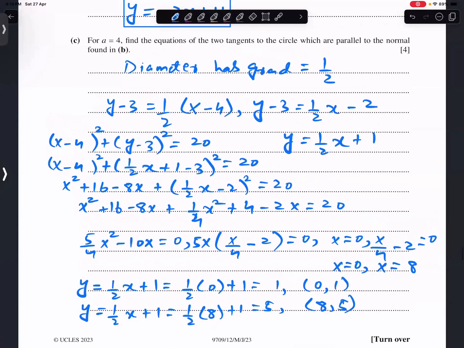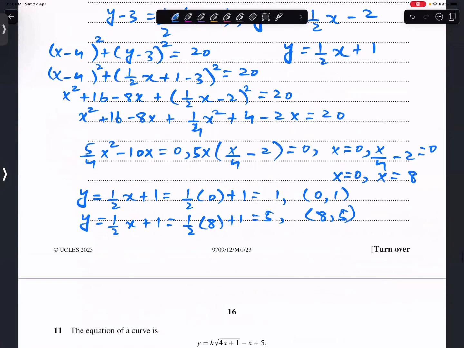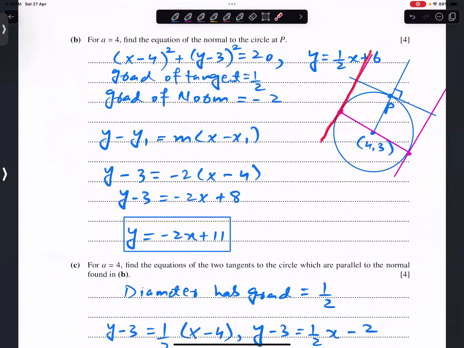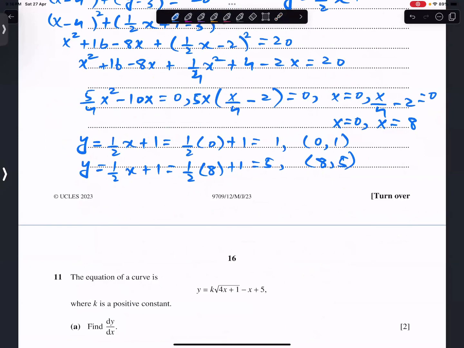Now you have 2 points, find the equation of the two tangents. Obviously, students, these two tangents are parallel to this normal, so the gradient of normal was minus 2, so that means y minus 1 is equal to minus 2 times (x minus 0). So obviously this will be y is equal to minus 2x plus 1.